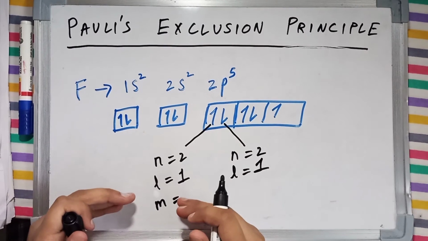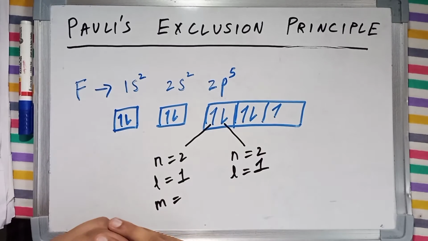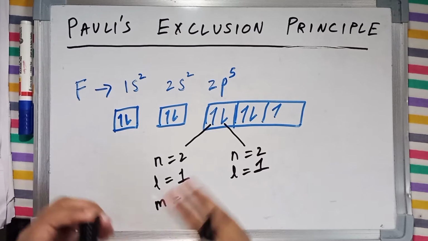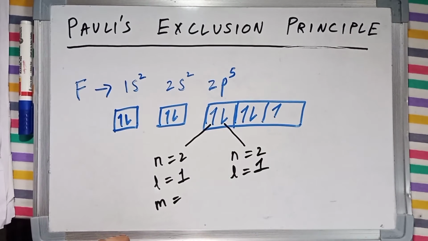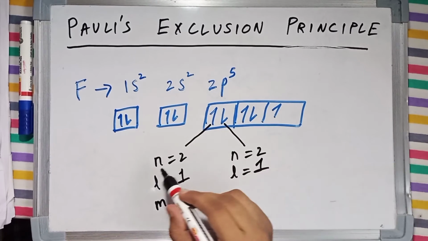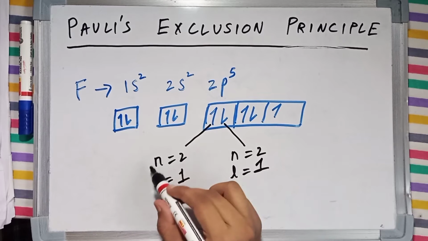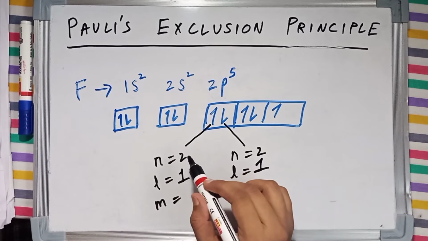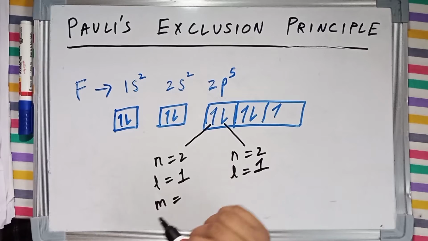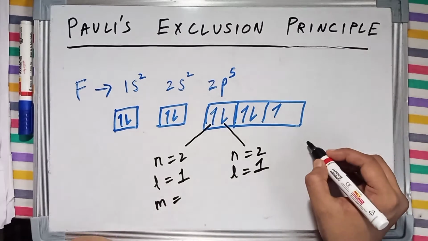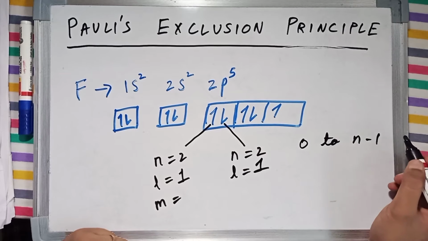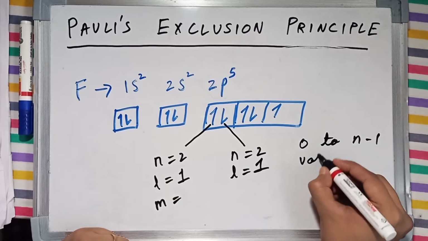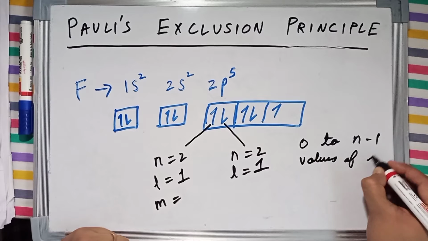Okay, now just to have a quick recap, if you guys are not knowing this, let me show you guys a little bit. See, for a particular value of n, which in here it is 2, we have 0 to n minus 1 values of l.